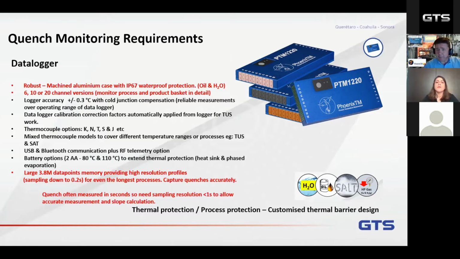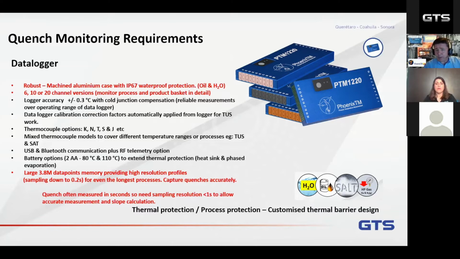The logger has to be robust, it has to be physically strong, but it also has to be able to protect from what we refer to as ingress of the liquid or the solution or the media that you're using for the quench.